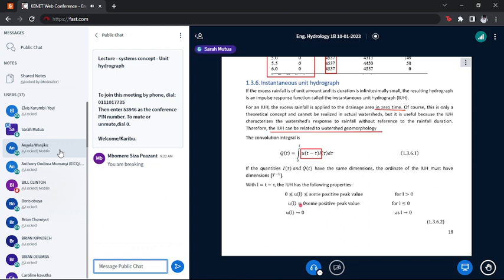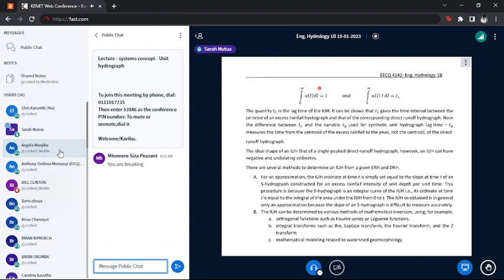And remember, U of L are peak values. So this U of L here and L provides the basin lag or the lag time. And if you multiply the U of L times lag time, you get then the time of lag of the IUH.